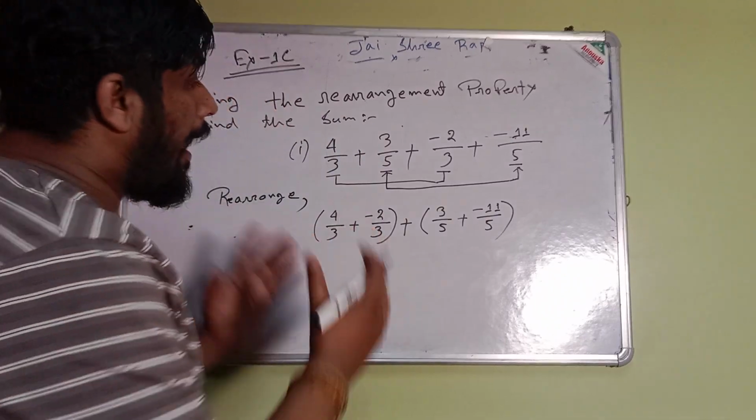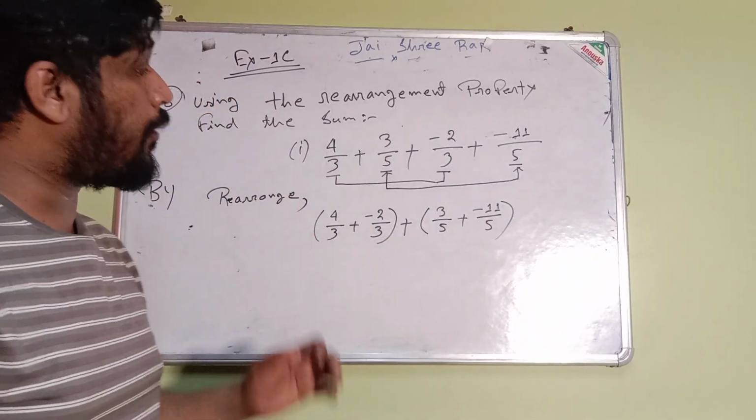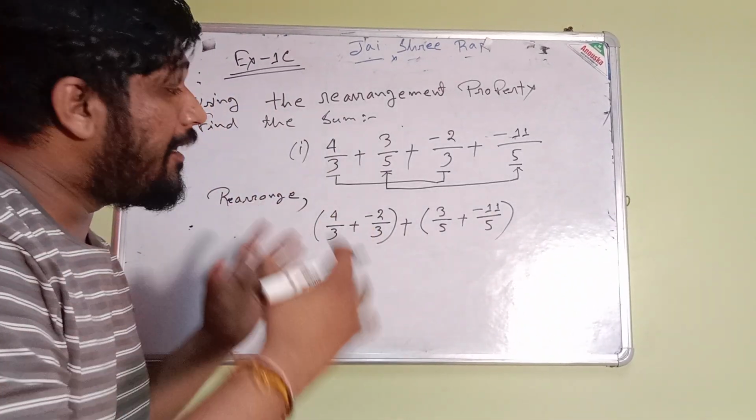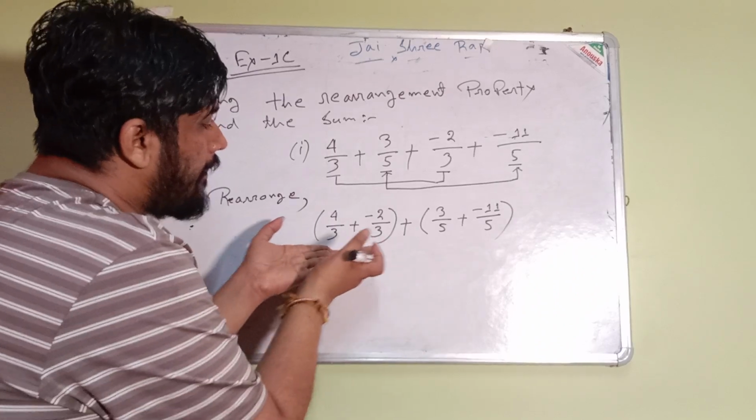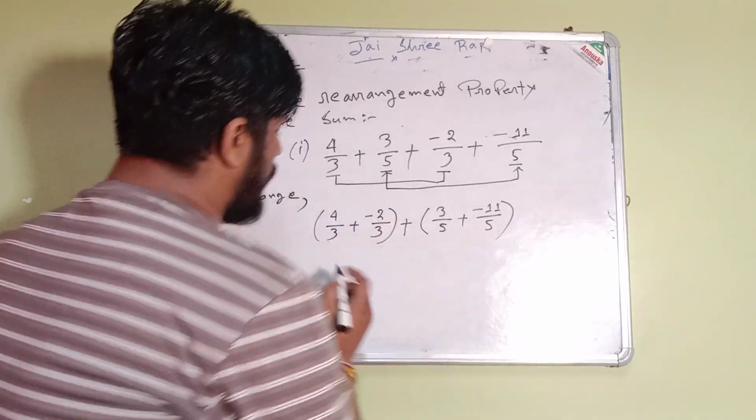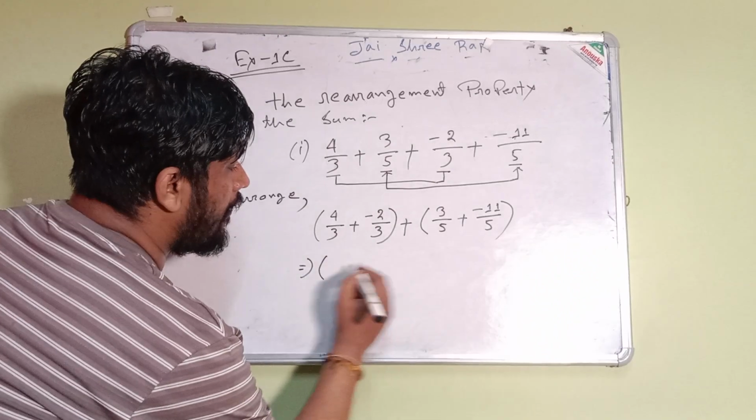We have to arrange the numbers in that way so that we can complete the problem in a very short way. Look here, the denominator is the same, and here also the denominator is the same. So we can solve it in a very easy way.